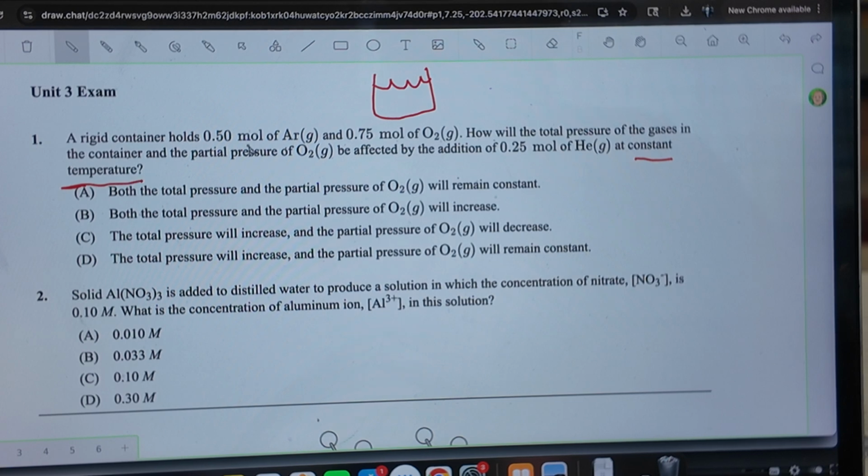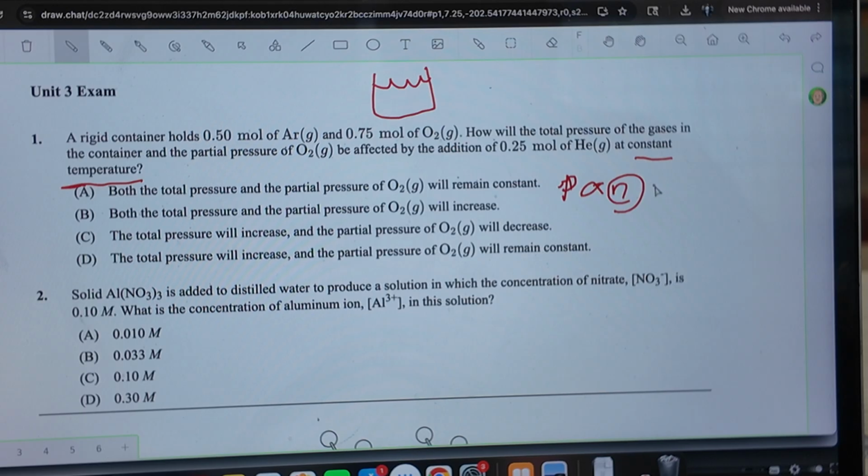And so the ideal gas relationship is basically with pressure, and pressure is proportional to n, the moles, right? Moles is just the amount of something. So the pressure and the moles is what will be dictating how much the total pressure will be.